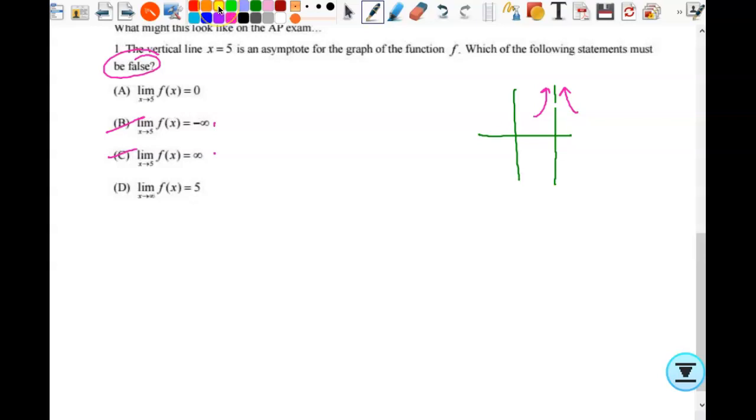I'd have to have a horizontal asymptote, and then let's say that that's at 5. I don't know what my graph looks like, but that could happen, right? As x approaches infinity, the function could approach 5 or could equal 5, but could the limit as x approaches 5 be 0? It can't, because it has to be one of these two, right? Because if you're at an asymptote, you have to go either way, so that's what makes your answer A, right?